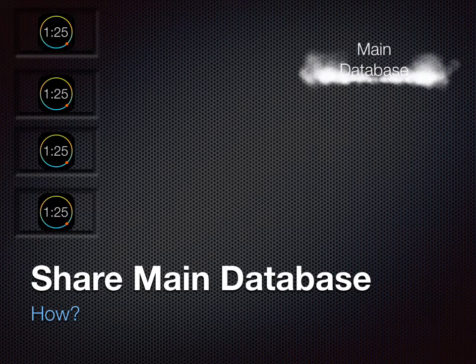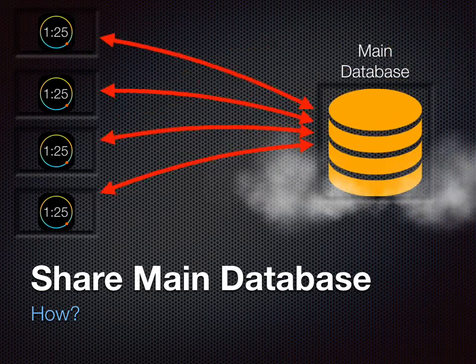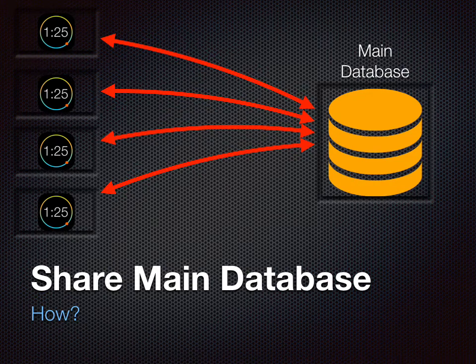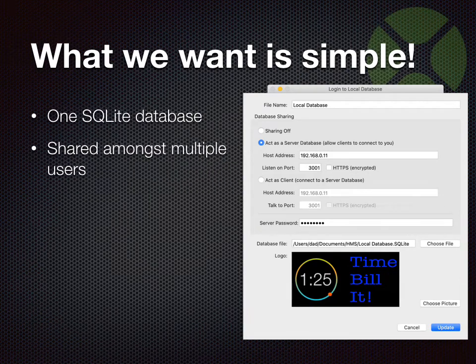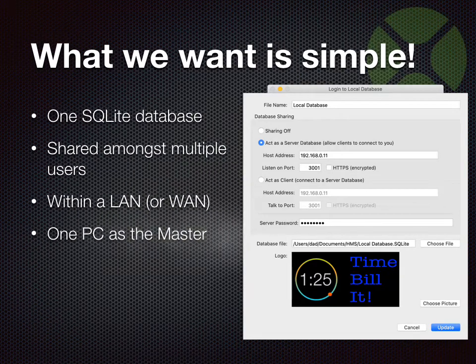Well, we need somehow to share the main database. So what we want is quite simple. One SQLite database, for example, accessible by an unlimited number of different PCs, all at the same time. Across the LAN, across the WAN, across the internet.